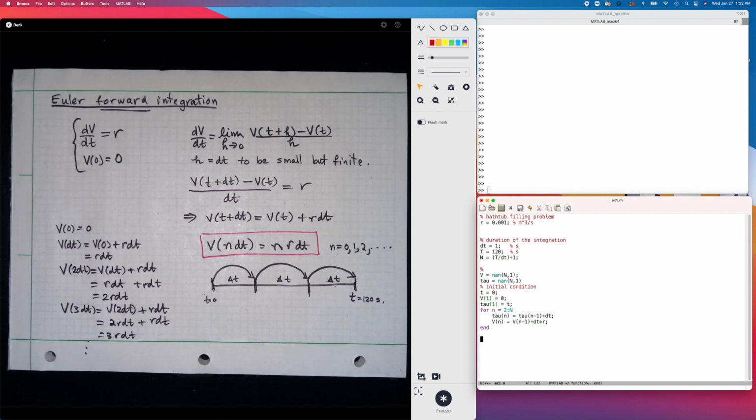And then we can make a plot. So plot tau v in red, set tc. Let's put it in black. And then label the axis.